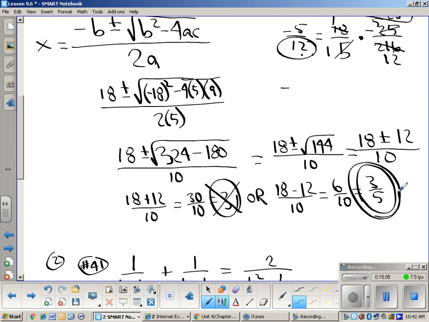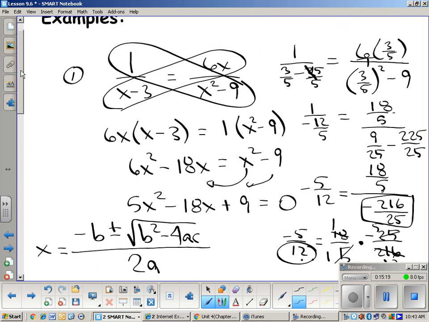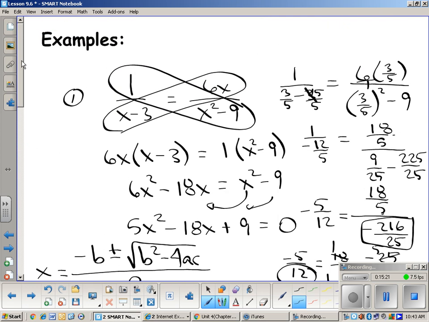Too bad 3 wasn't the one that worked, that'd have been a lot easier to figure. Well, I forget that you can use your calculator and just put that fraction in and let it test. You can actually write it out. You can go 1 over 3/5 minus 3 equals 6 times 3/5 divided by 3/5 squared minus 9.